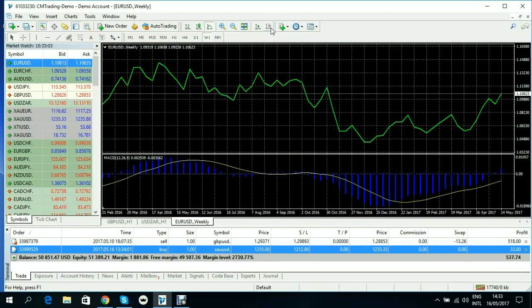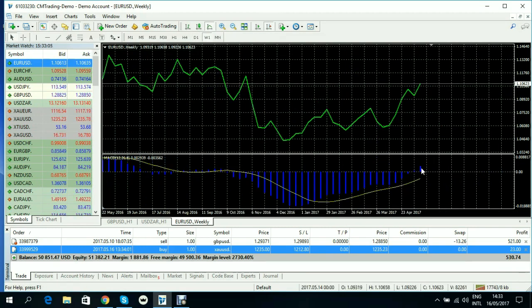Even if we check the weekly, it has just started, so we can say that this Euro USD is going to be a long buy, because in the weekly time frame too, the bar has started, and by the time the signal crosses the zero zone, it would have bought more.